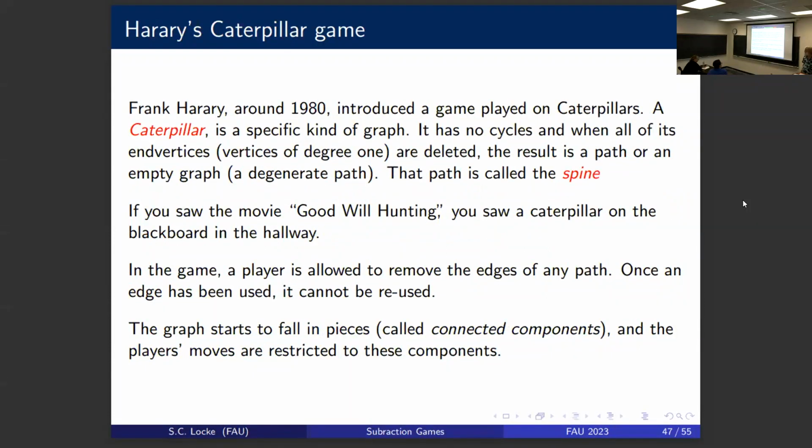this game, when I saw this game, this is a caterpillar. So this is what I would call the spine, and these are legs. And what you do in your turn is you pick a path.